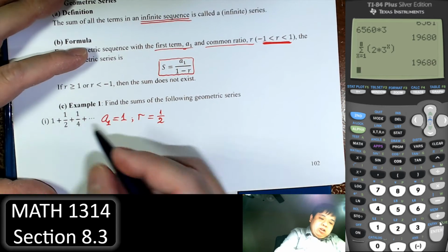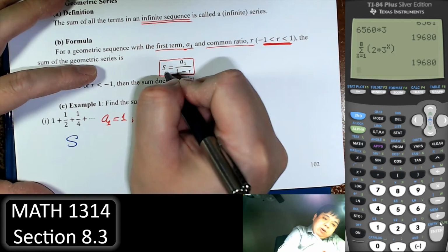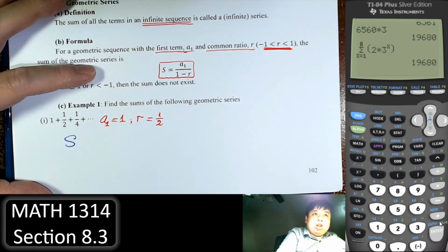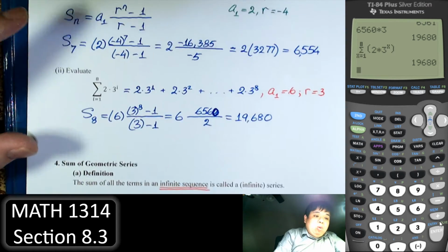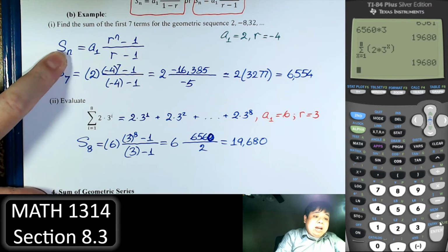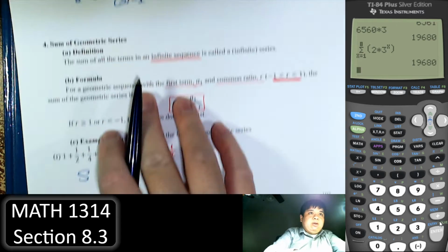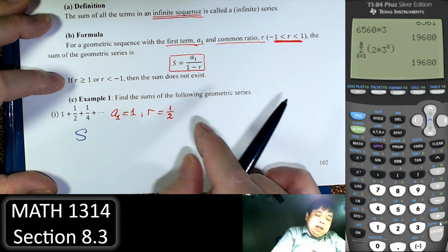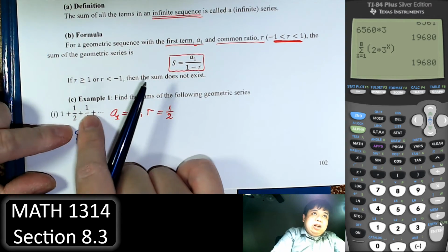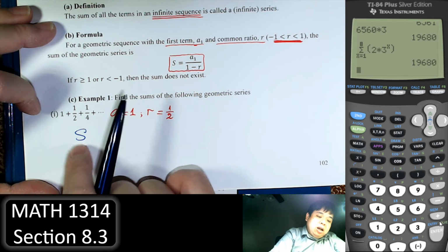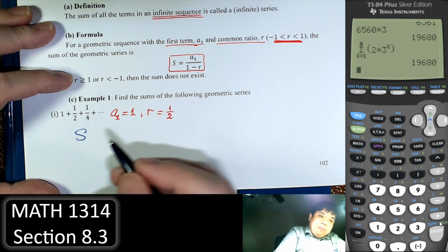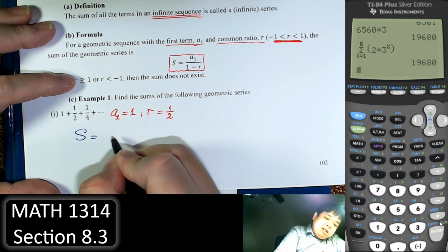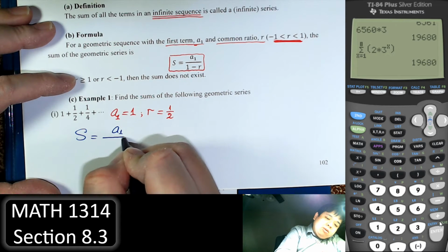And the sum of the geometric sequence, we can put infinity here if we want to, but if we want a particular sum of the first n terms, we're going to put n there. For the geometric series, for indefinite geometric sequence, the sum, we don't need to put anything there, just s. The first term times 1 over 1 minus r.